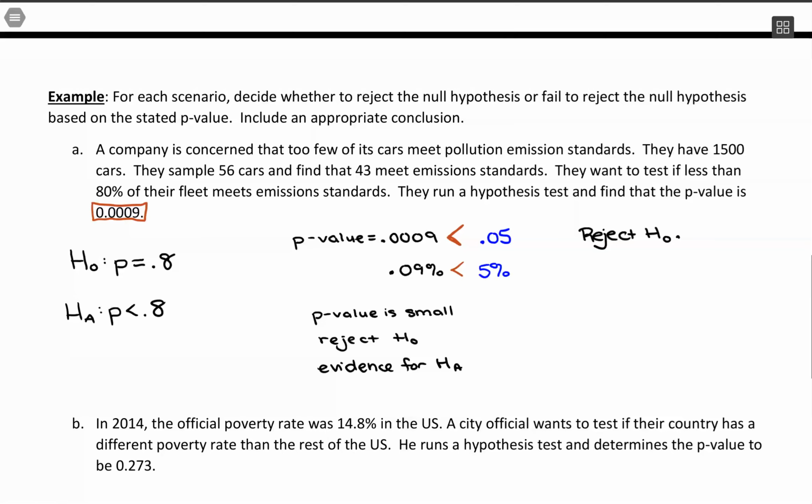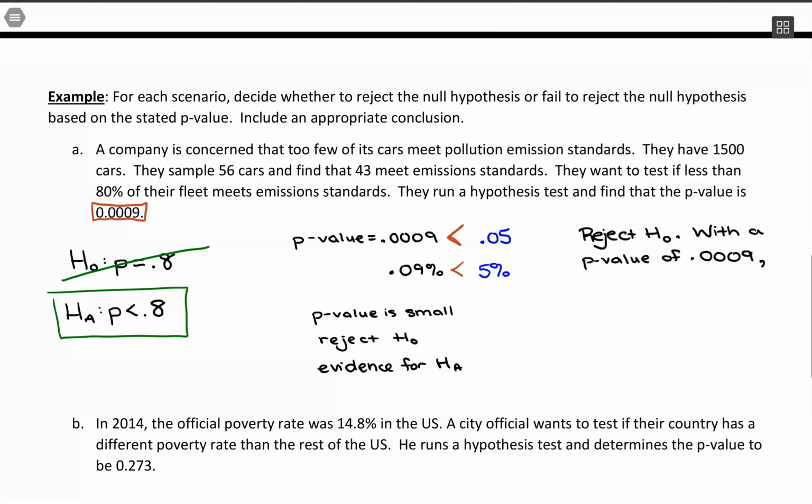Then what we need to do is state the p-value that we found. So I'm going to go with a p-value of 0.0009. And then my statement can be that there is evidence for this alternative hypothesis. So essentially what we were able to do is prove that this proportion is less than 0.8.